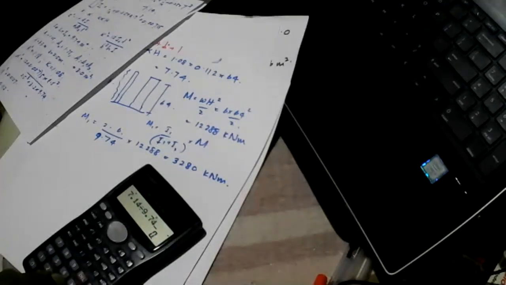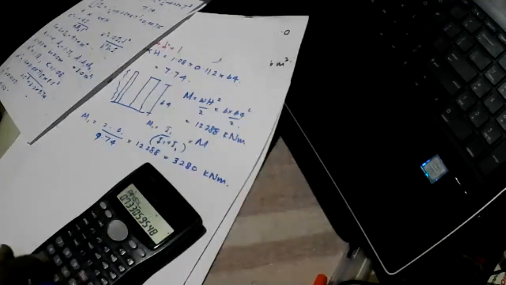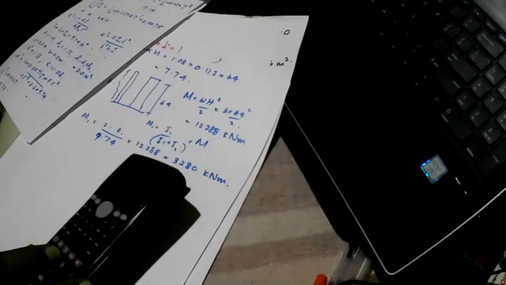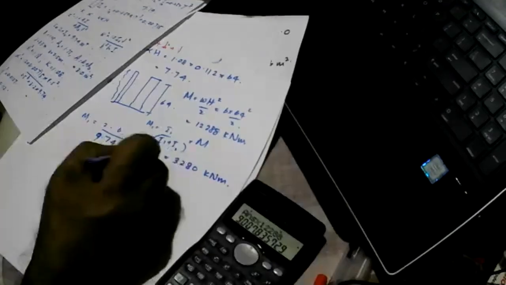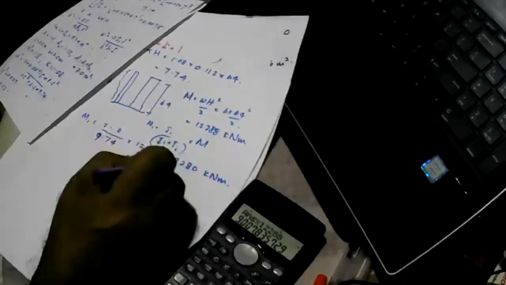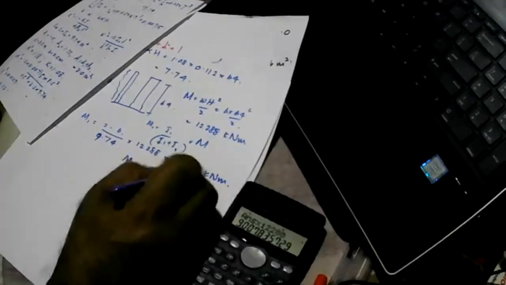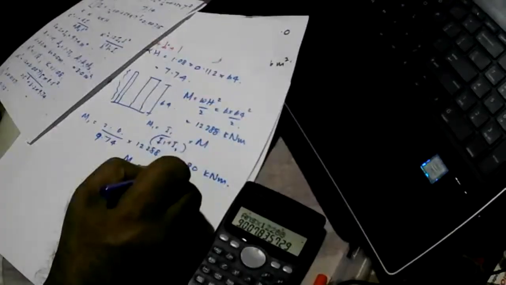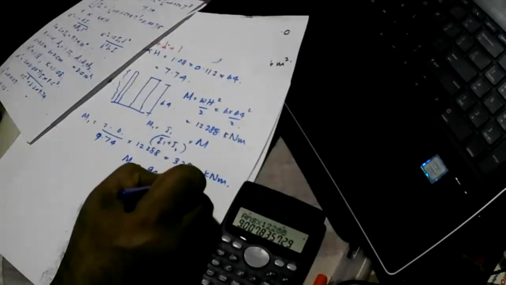Otherwise, you can just deduct 3,280 from 12,288. So you get M2 as 9,008 or 9,007 kilonewton meters.